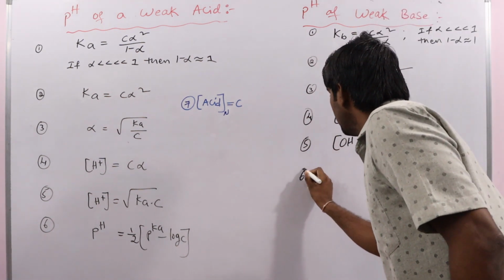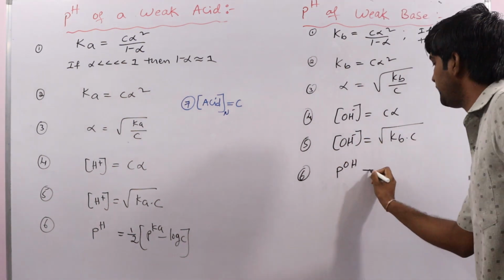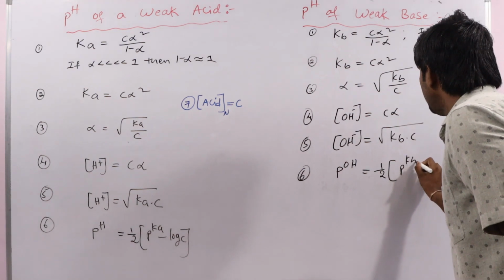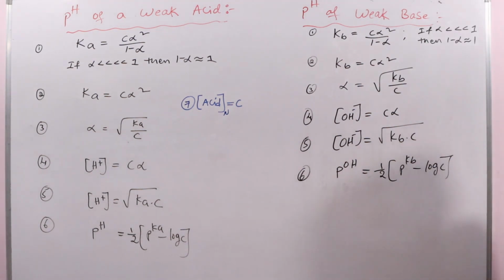And if you apply negative logarithm here, we get pOH equal to 1 by 2 into pKb minus log C.